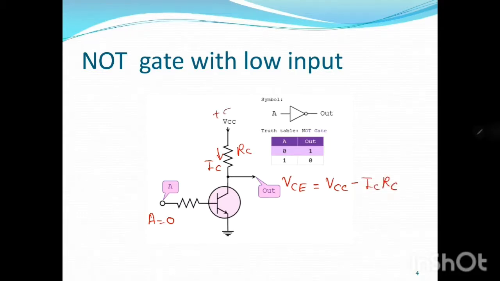Here we are applying 5 volts, therefore 5 minus 0, you are getting 5 volts. That is, at the output of this transistor you are getting high voltage. When input is low, output is high.